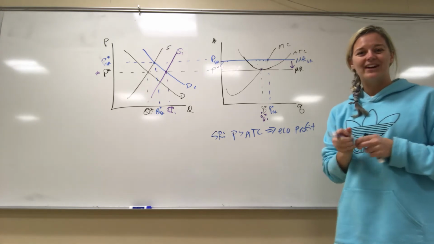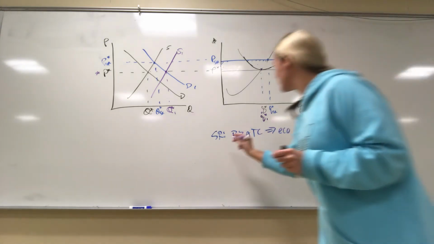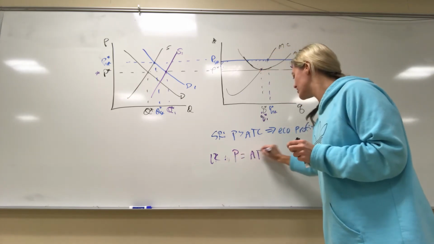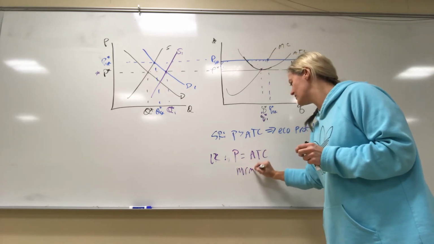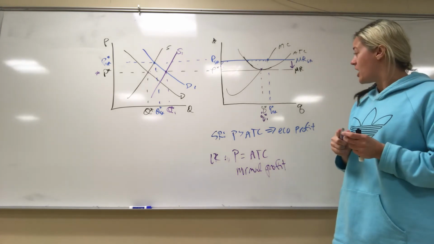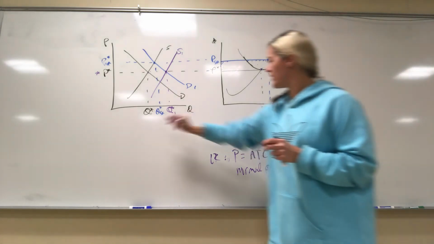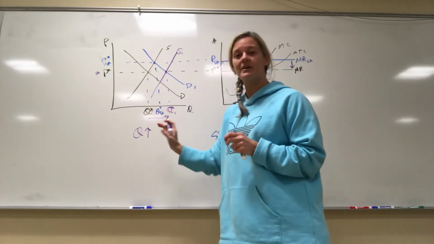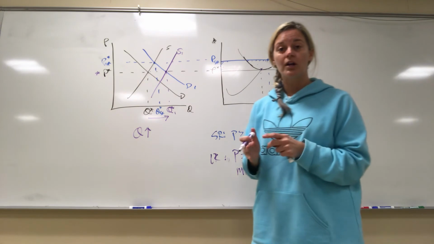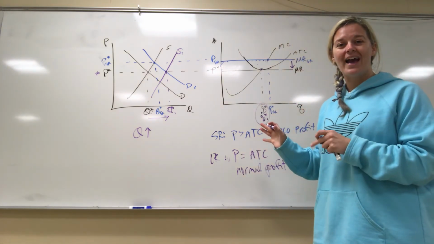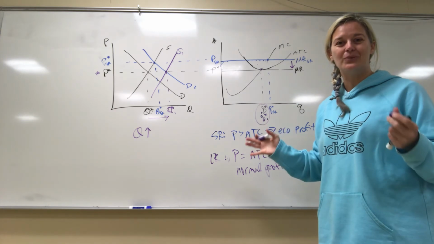In the long run, price is equal to average total cost, so we have a normal profit, and we end up with a greater market quantity because we have more firms in the market, but each firm is producing the same as before, and they're all just earning a normal profit.